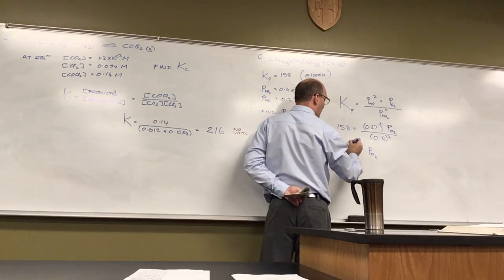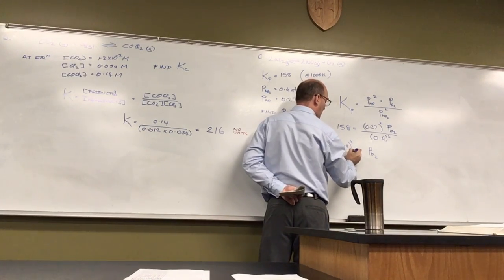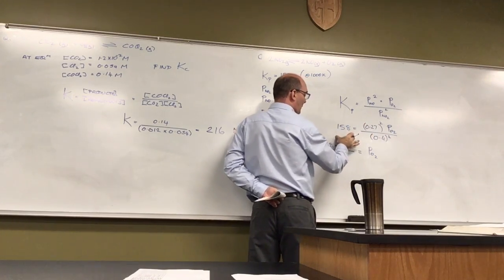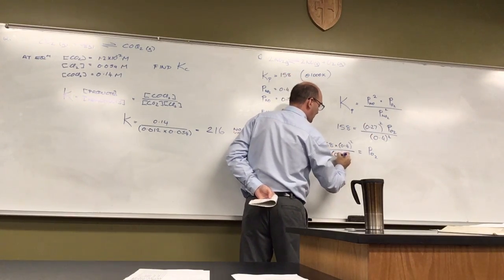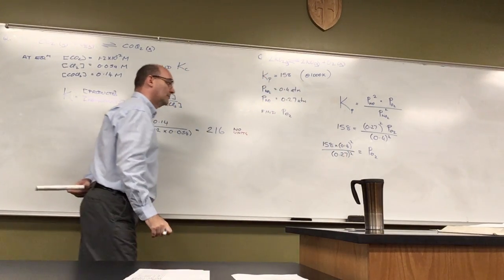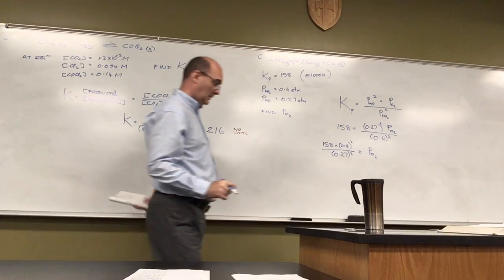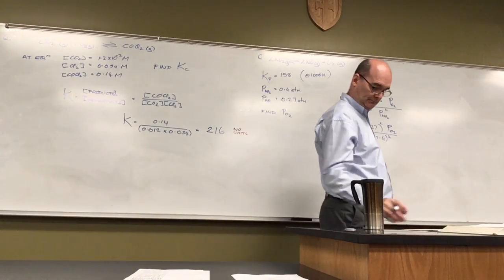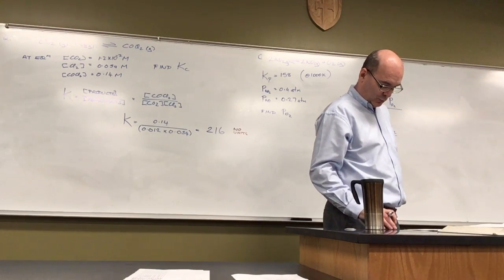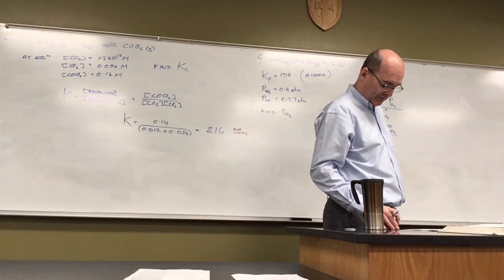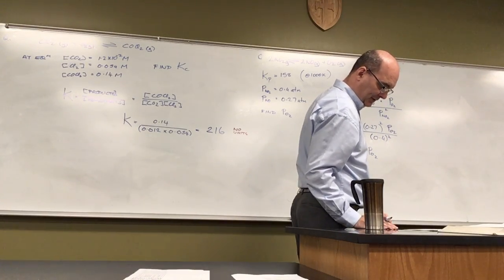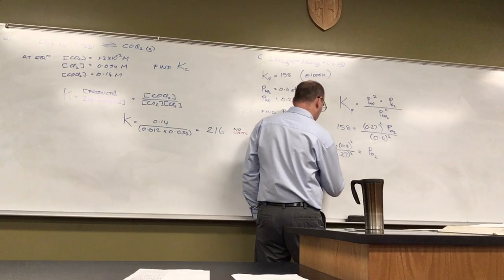I'm going to write it out one more time the long way. And then I'm going to move that term across the equal sign, and it will become a denominator. There you go. That should be 158 times 0.16 divided by 0.073.